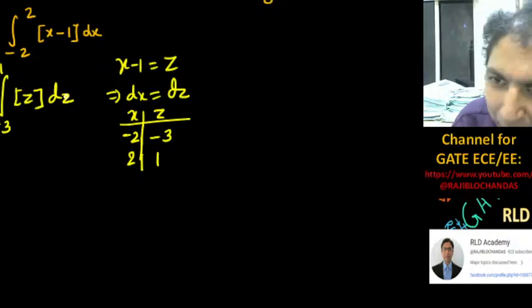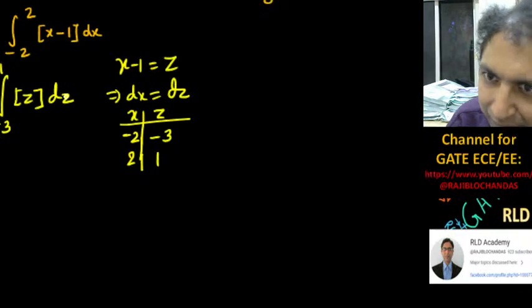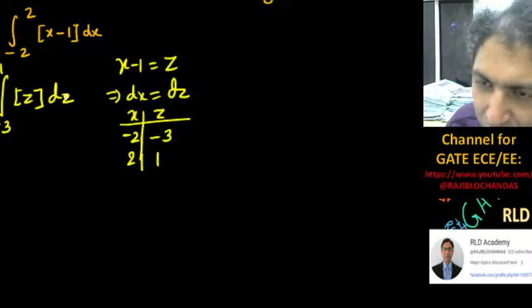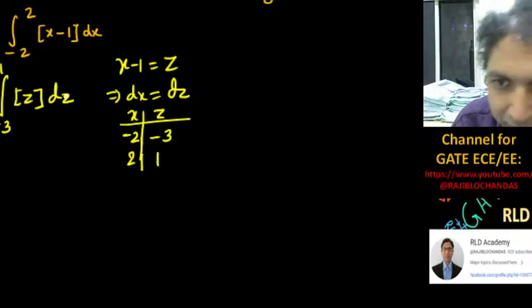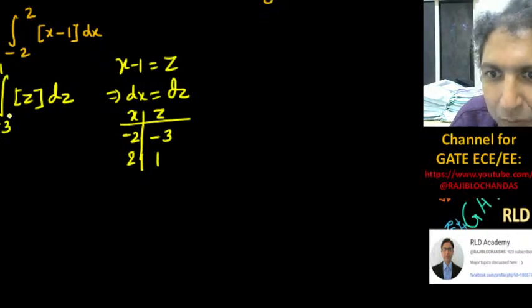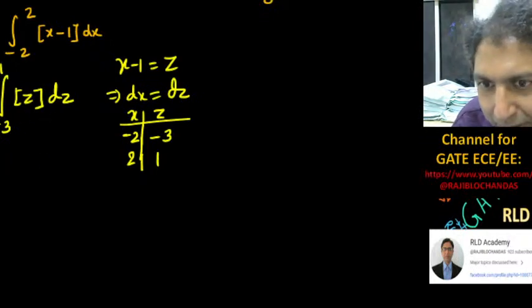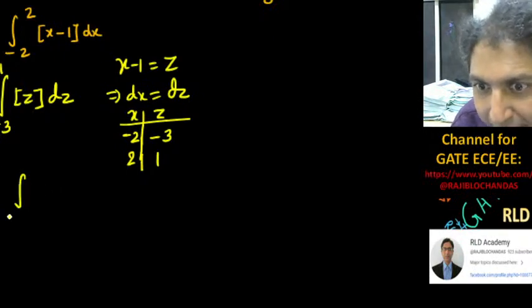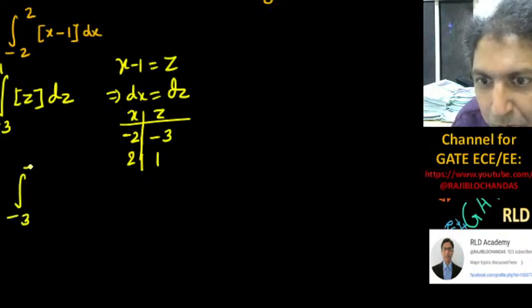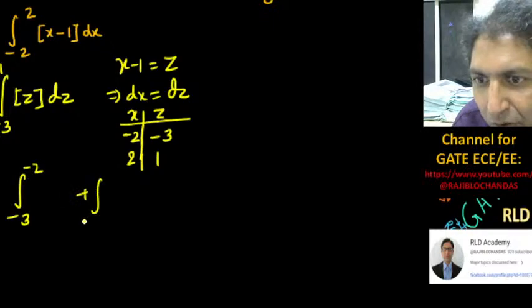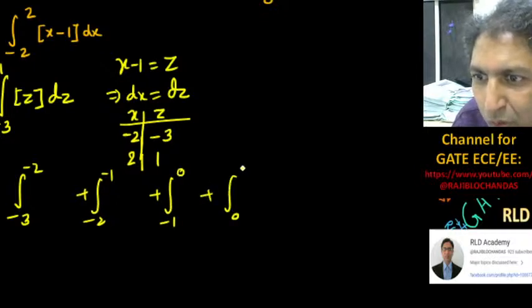It is not required; if you can handle these things with the same form x minus 1, it is absolutely fine. Otherwise you can go for that. Now its negative sign is given, so I will break minus 3 to minus 2, minus 2 to minus 1, minus 1 to 0, then 0 to 1.